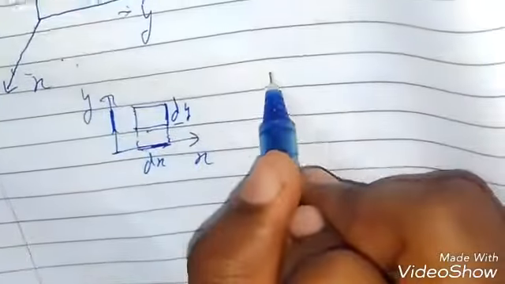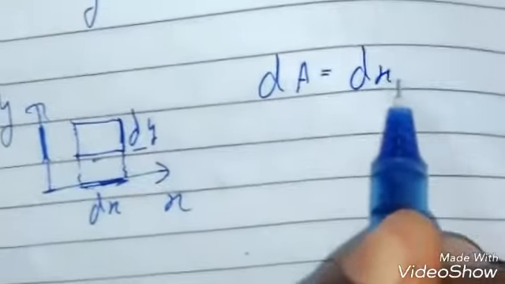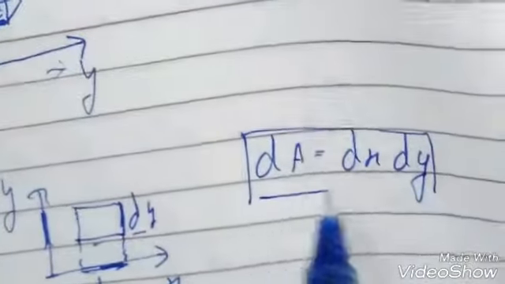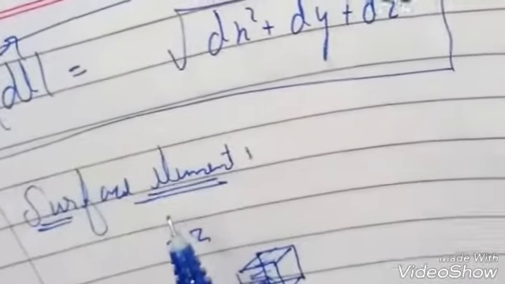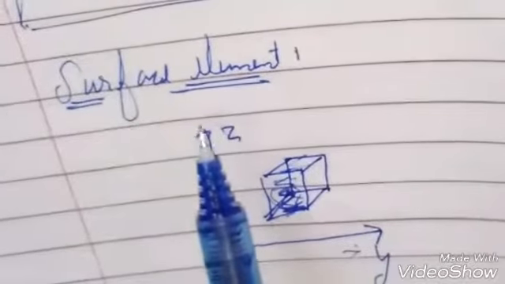Then its small area dA will be written as dx dy. It is the magnitude of area. As I have already told you, surface element is a vector which has a magnitude equal to the area of that plane and direction along the perpendicular direction of that plane. The magnitude of this surface is dx dy. Let's talk about direction.